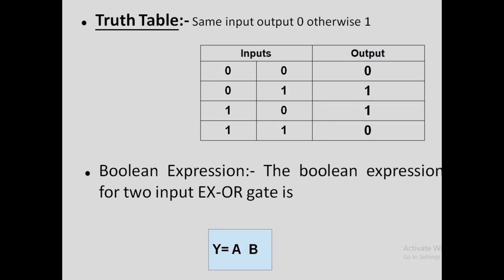Next is Boolean expressions. The Boolean expression for 2 input XOR gate is Y is equal to A plus B with a circle around the plus sign.